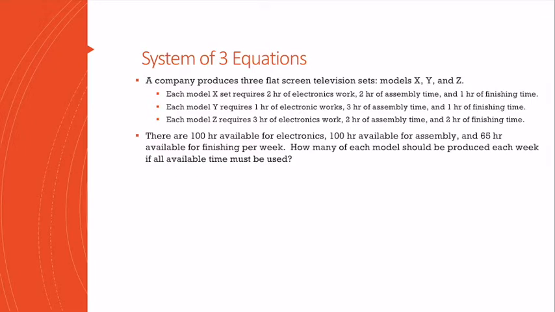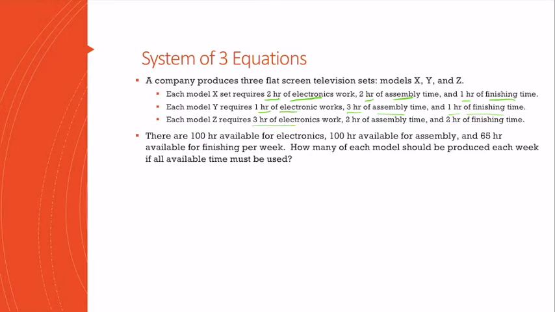All right, class, the last problem in this chapter is going to be a word problem involving a system of 3 equations. So let's say a company produces 3 flat screen television sets, models X, Y, and Z. Each model X requires 2 hours of electronics work, 2 hours of assembly, and 1 hour of finishing. Each model Y requires 1 hour of electronics work, 3 hours of assembly, and 1 hour of finishing time.